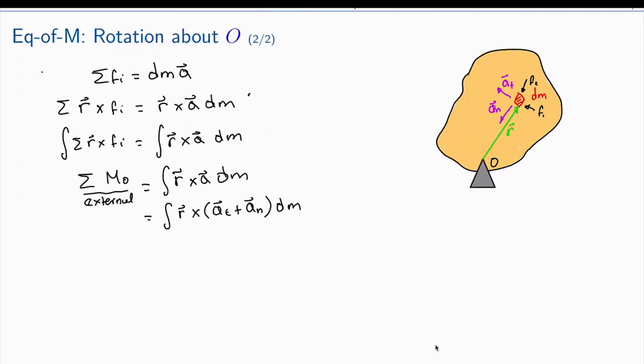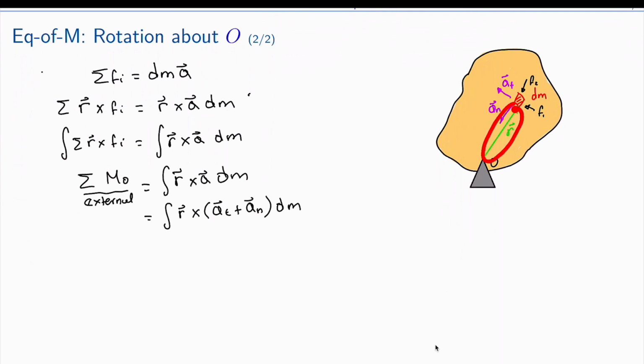Now let's have a look at this cross product. We have r cross at, which will have some value. However, when we do r cross an, it is the cross product of two vectors that are parallel, because an is in the same direction but in the opposite sense.